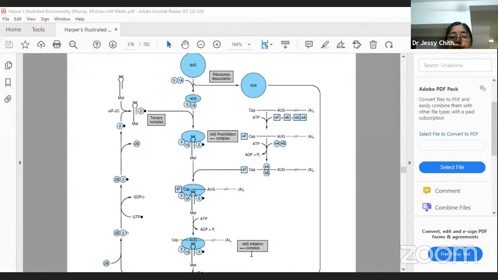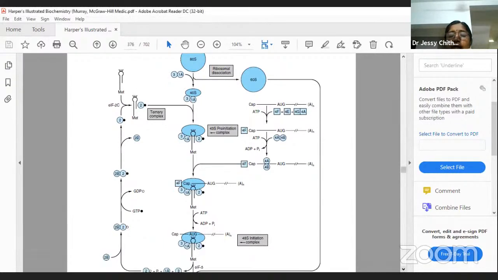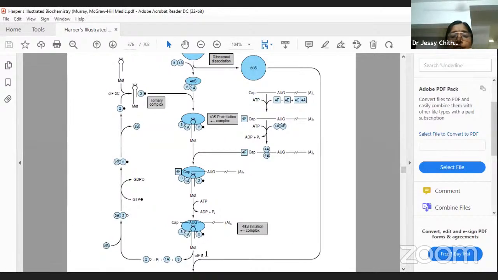The next step after the 48S initiation complex will be the formation of 80S initiation complex. So what happens? Eukaryotic initiation factor 5 will come. When it attaches to the 48S initiation complex, the other eukaryotic initiation factors 3, 1A and 2 are removed.